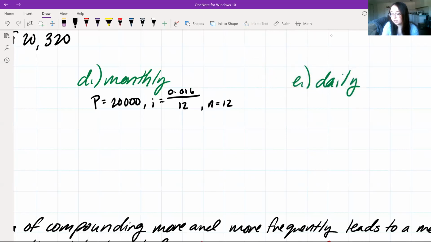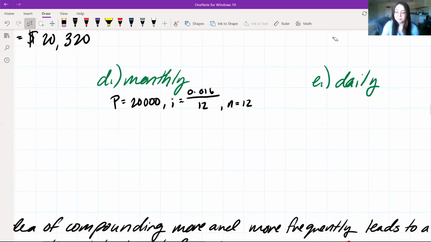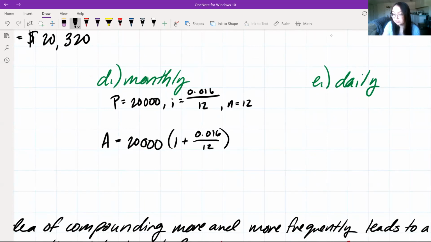So we can plug this into our formula. We get A is equal to 20,000 times 1 plus 0.016 divided by 12, to the 12th power.